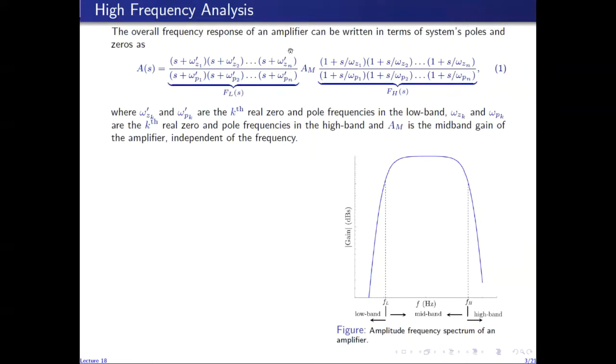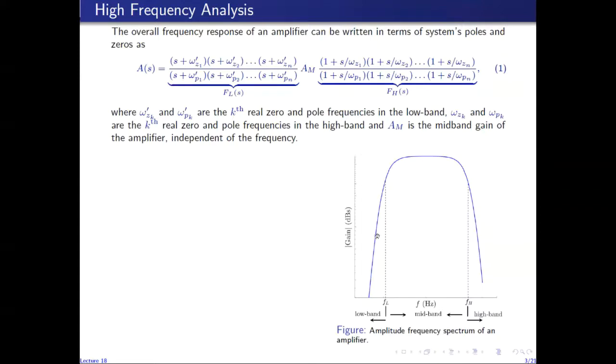So FL of S represents the response of a network which has n poles and n zeros, and it resembles the response of a high pass filter, whereas F subscript H again is a response which is governed by n zeros and n poles, and this response resembles the response of a low pass filter.